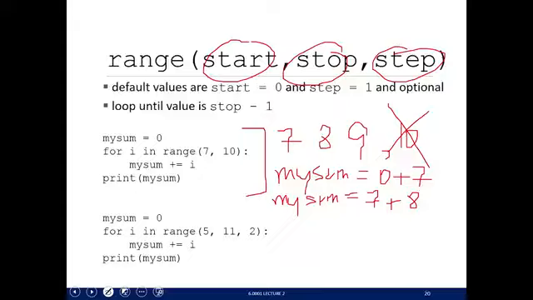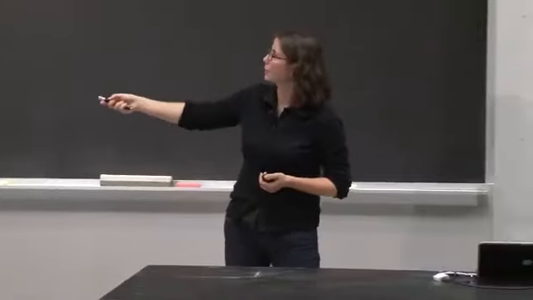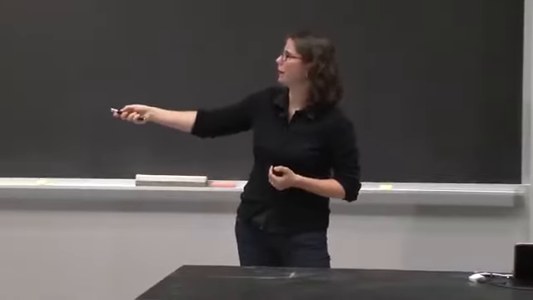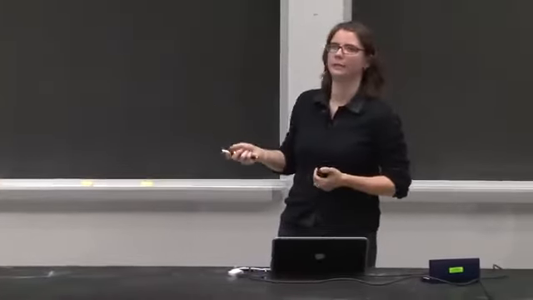Okay? The next time through the loop, my sum gets the value 7 plus 8 plus 9, obviously replacing that with the previous value, so 15. Okay? Since we're not going through 10, that's where we stop. And we're going to print out my sum, which is going to be the value of 7 plus 8 plus 9.